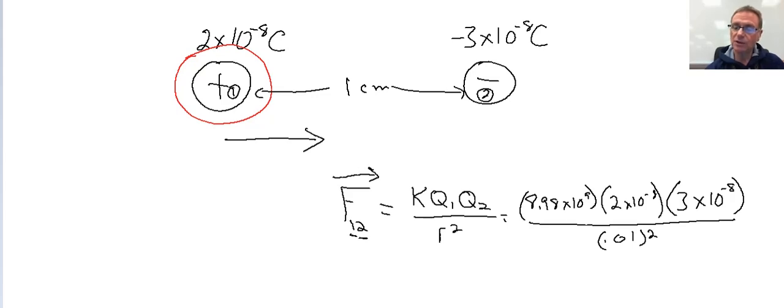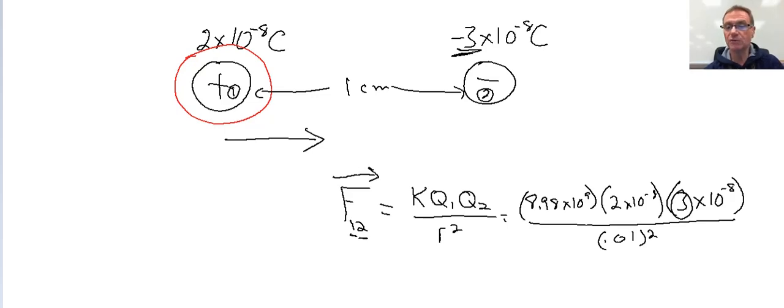You're going to notice that I've left the sign off of the charge on the right-hand side. This is negative 3, but I've left the negative sign out. Why? Because the sign of the answer we're going to get here is really meaningless. You have to look at the situation and at the vector direction from the perspective of the charge you're interested in. The vector direction from the positive charge is to the right.